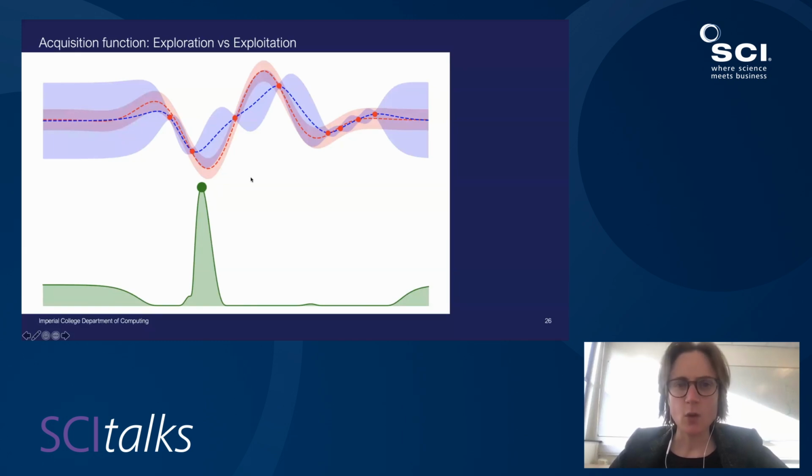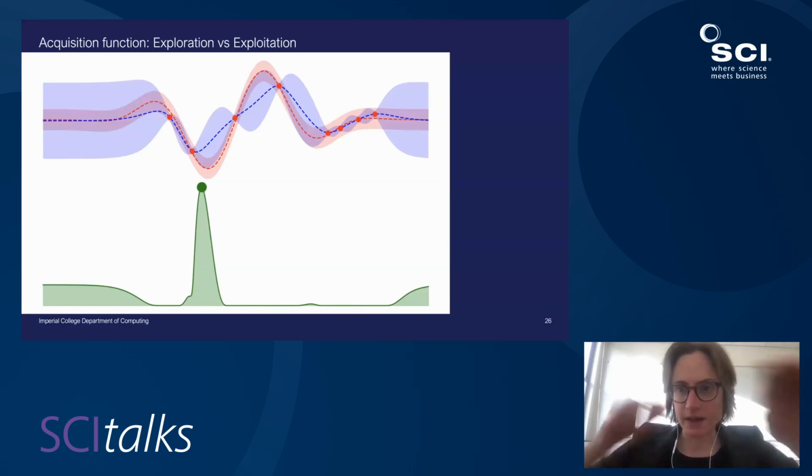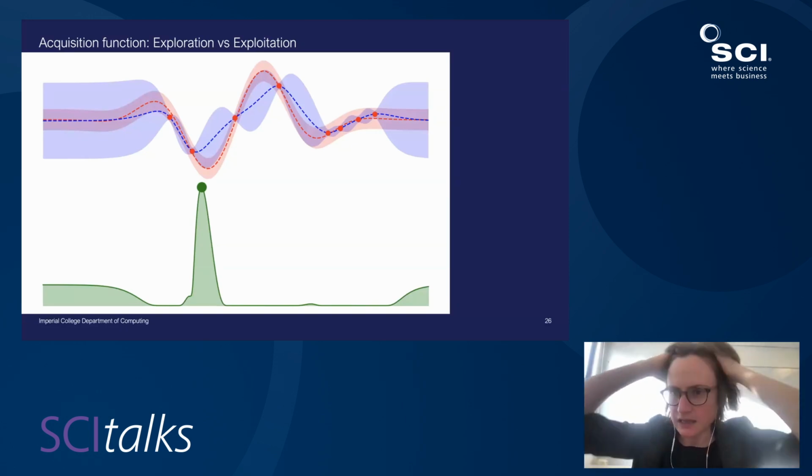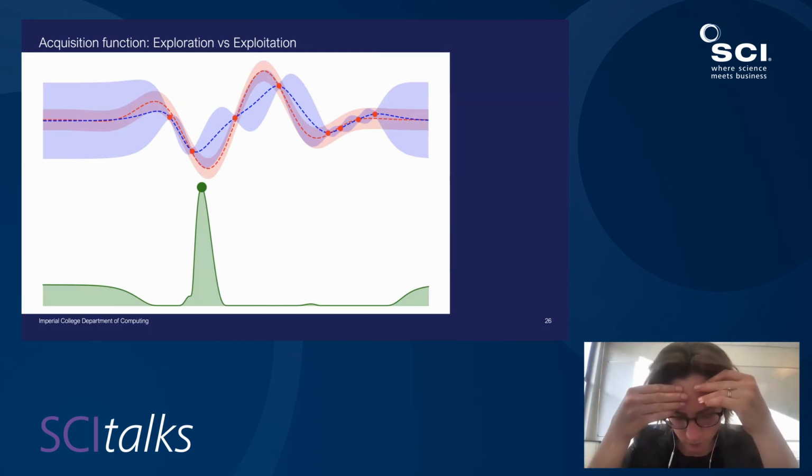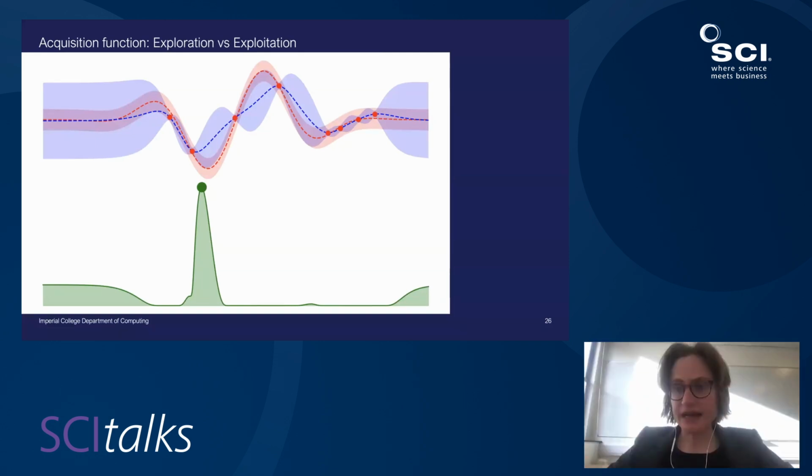What's nifty about Bayesian optimization, and I find useful, is that it's not just space filling. It is deciding where to sample based on whatever my underlying goals are.